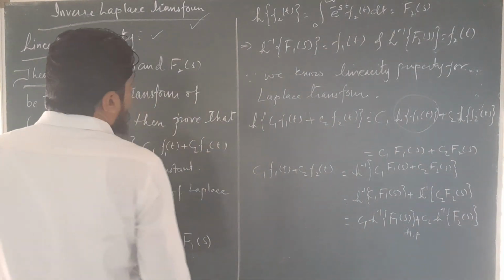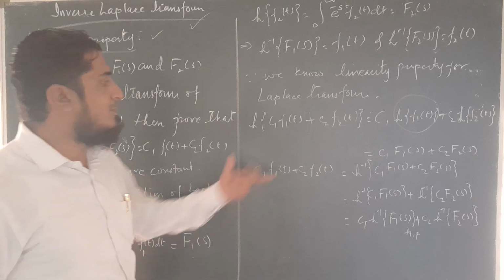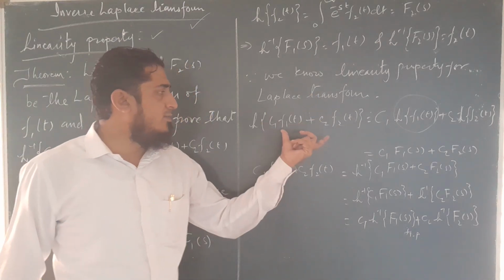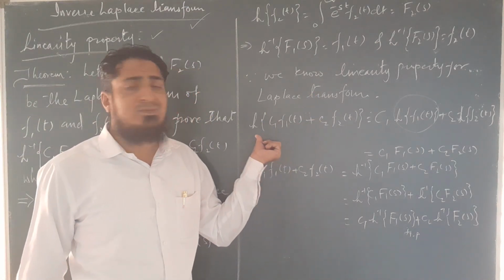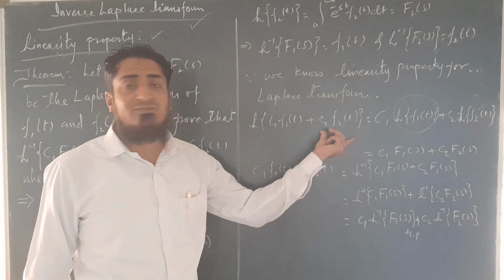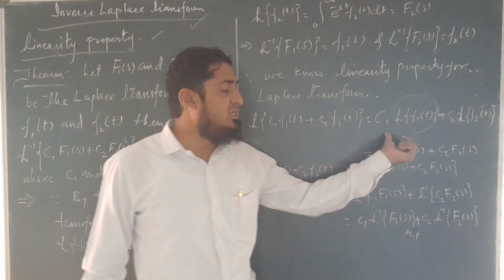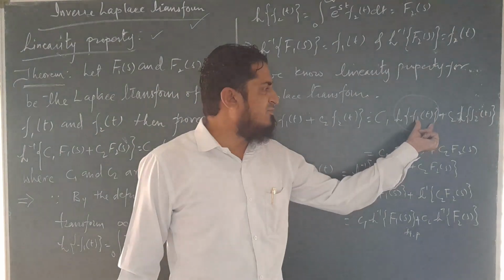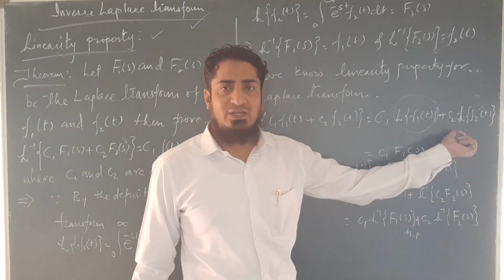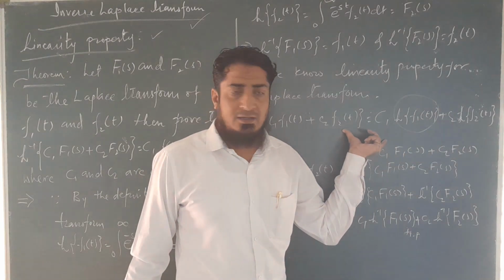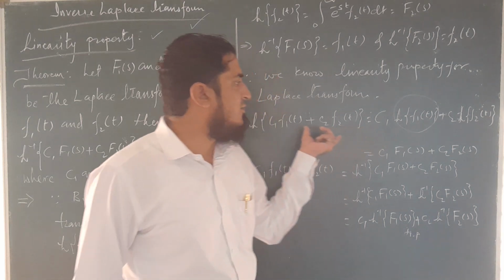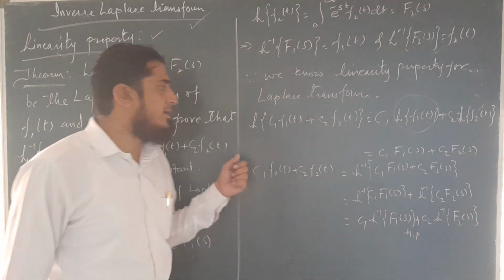By using the linearity property for Laplace transform, we will get Laplace transform of c1 f1(t) plus c2 f2(t) is equal to c1 Laplace transform of f1(t) plus c2 Laplace transform of f2(t), by using the property of linearity. Correct?